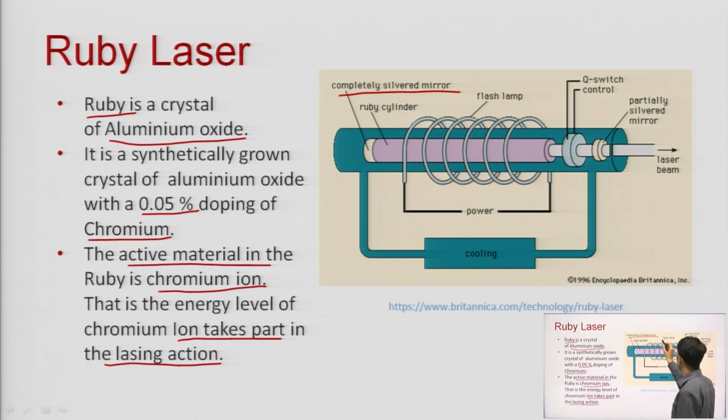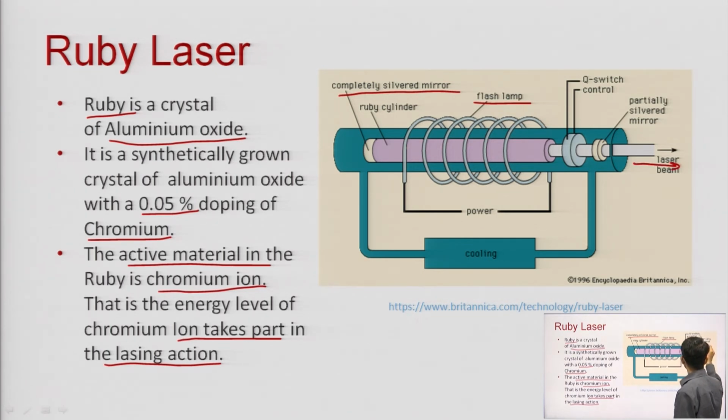There is a helical flash lamp, and when we give power, it will glow, and through optical photons the chromium ions will get excited, and we achieve population inversion, and through stimulated and spontaneous emission we get laser over here.